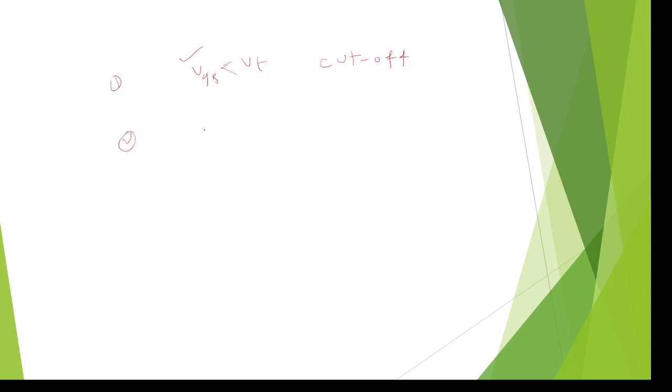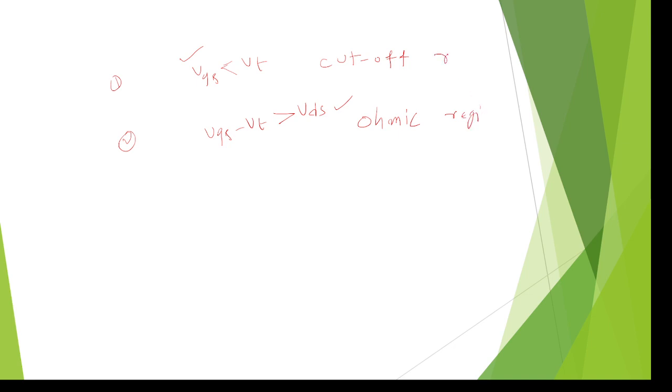And one more condition, VGS minus V threshold is greater than or equal to VDS. In this case the channel is established between source and drain, but there is no sufficient current to flow from source to drain. So this is named the ohmic region.